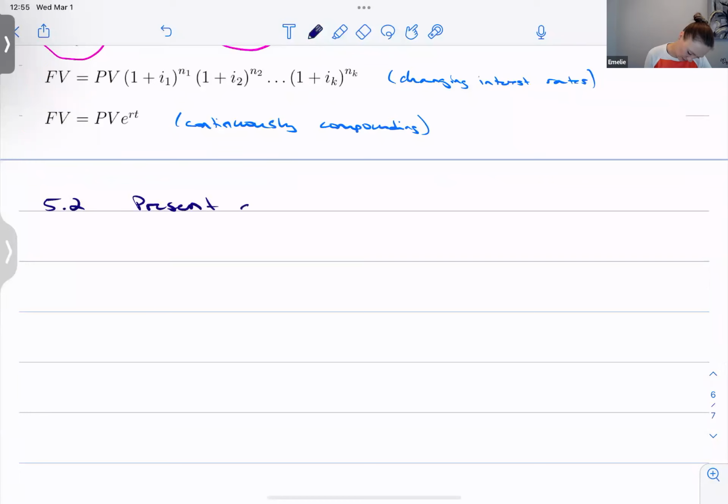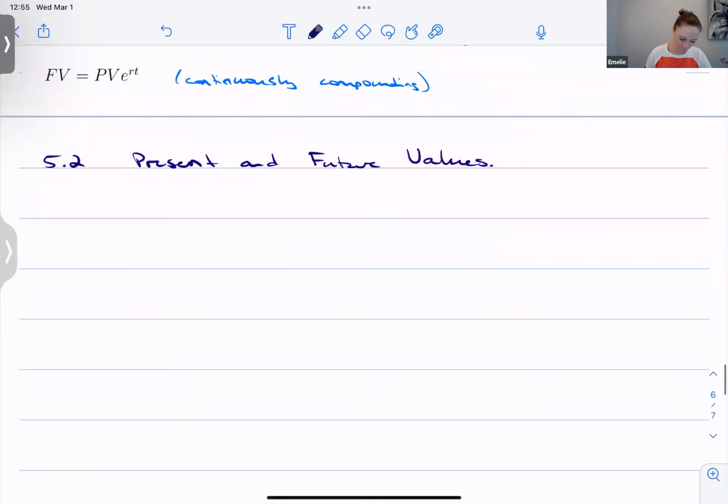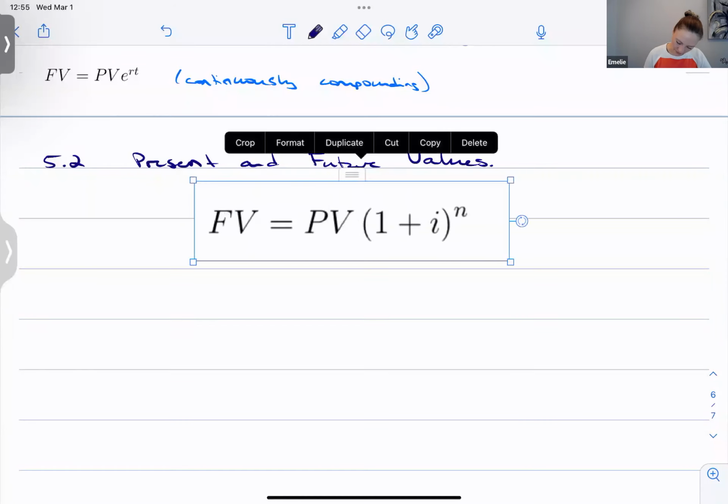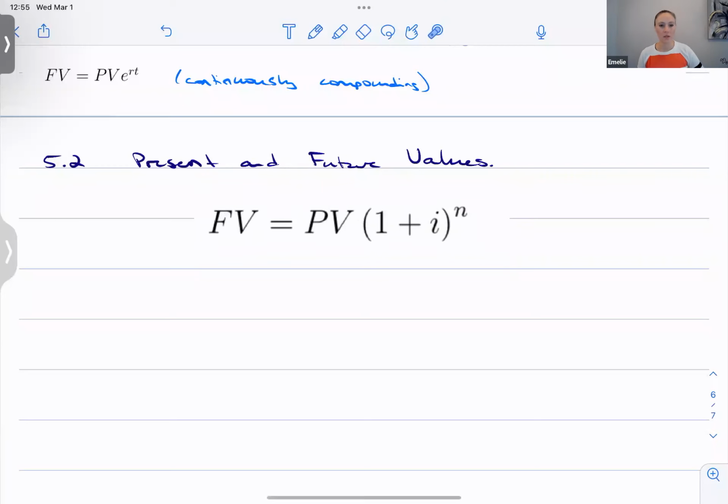5.2, Present and future values. Just to show that it's from the formula sheet here, we have the future value is the present value, which was previously denoted by P, but if you always want to use PV, that's fine.